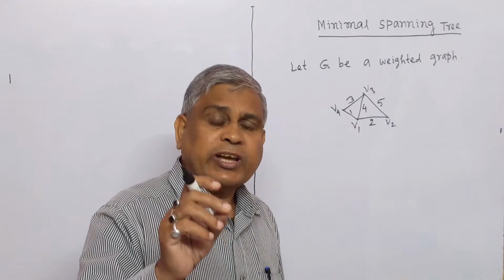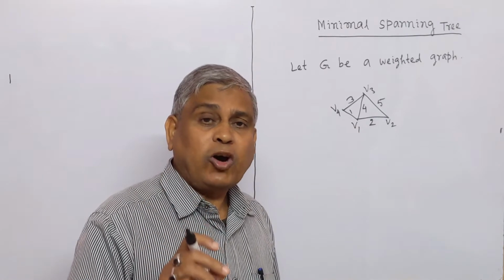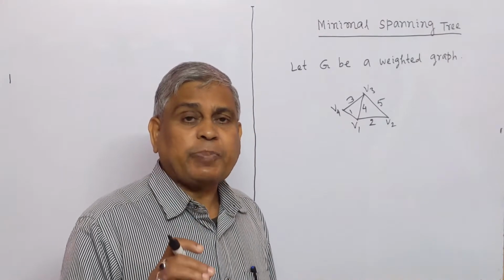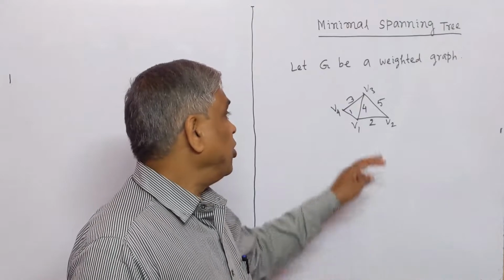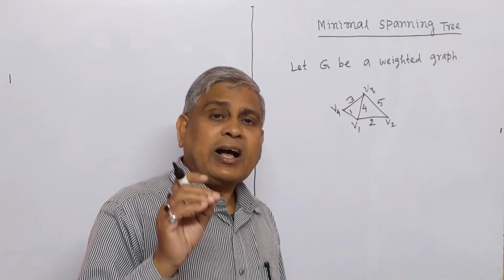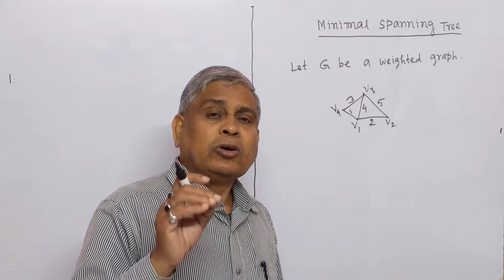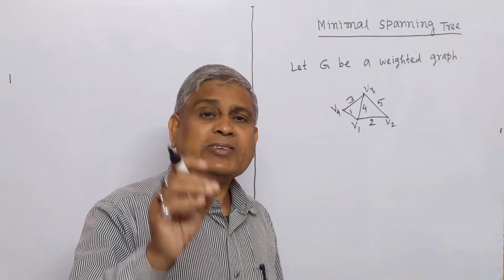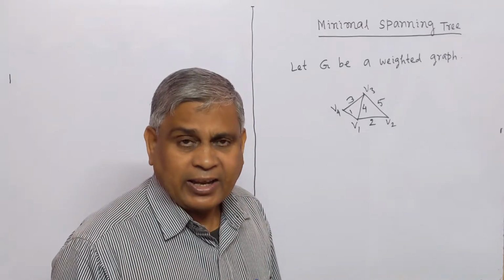Now we use a term, weight of the spanning tree. Weight of the spanning tree of the graph G is the sum of weights of all branches of the spanning tree.